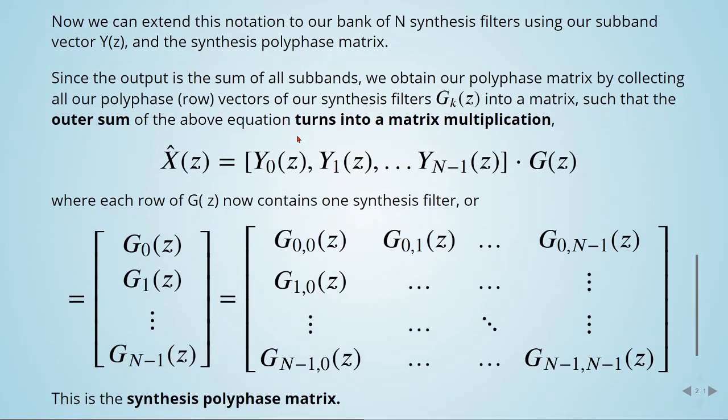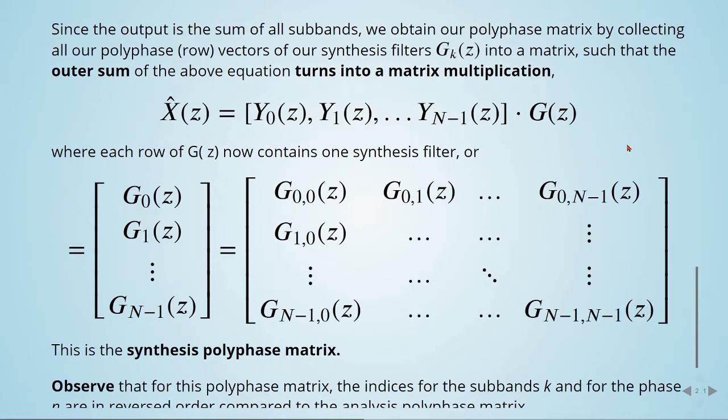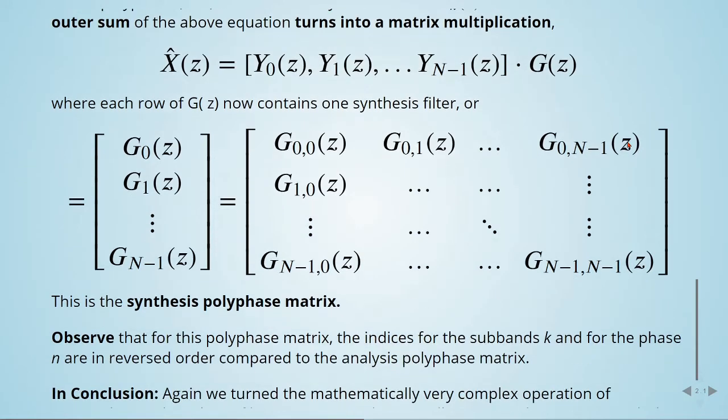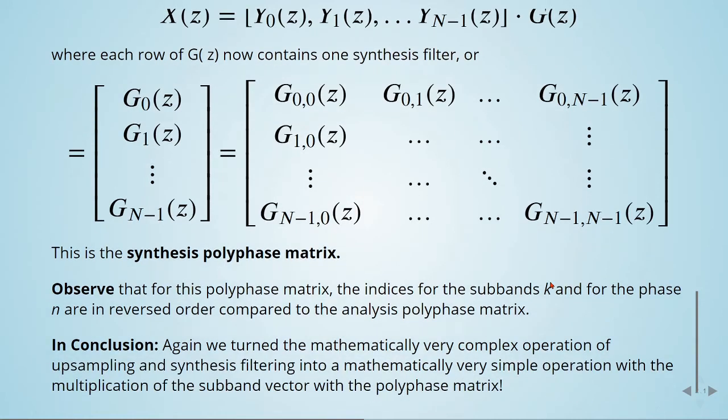So we have this here, where each row of G(z) now contains one synthesis filter. And this is the synthesis polyphase matrix.